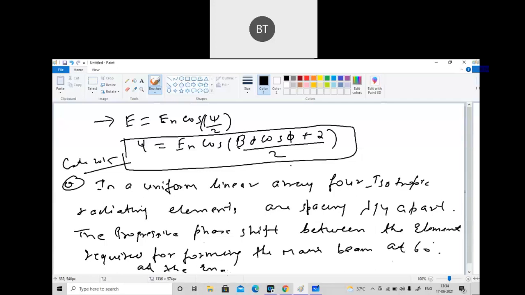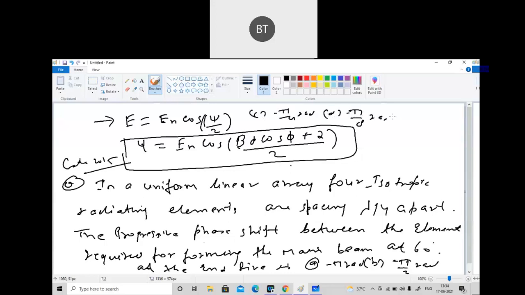And the options were: A option was minus pi radian, B option was minus pi by 2 radian, C option was minus pi by 4 radian, and D option was minus pi by 8 radian.